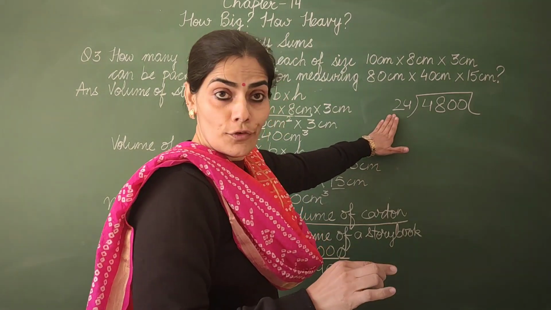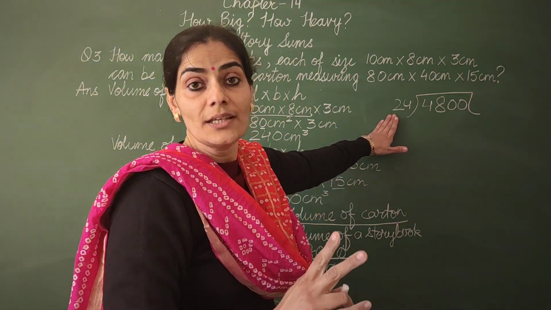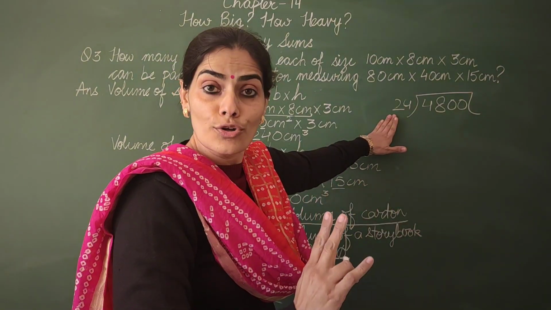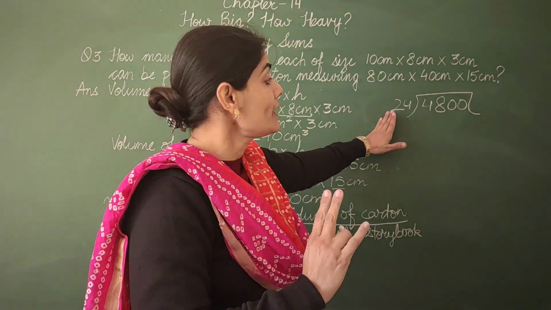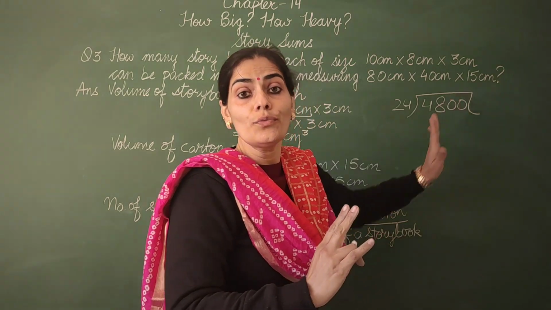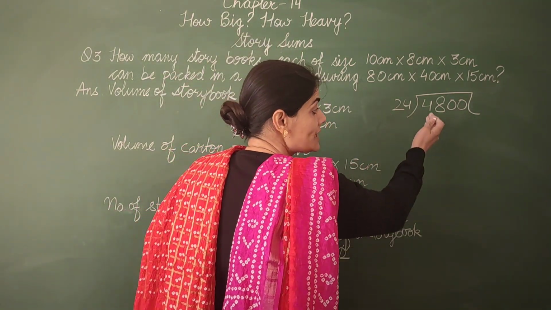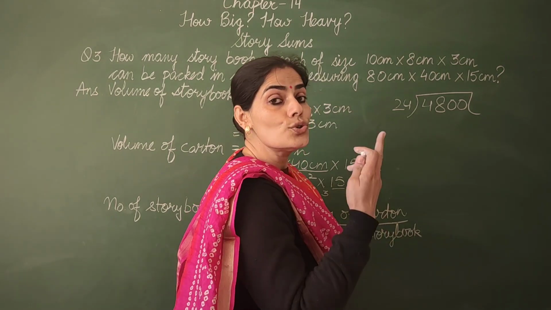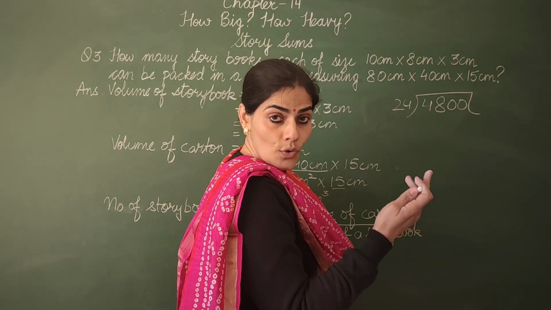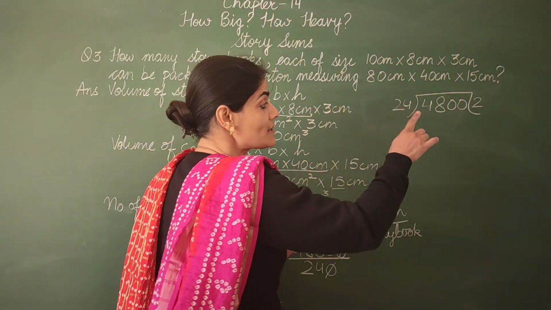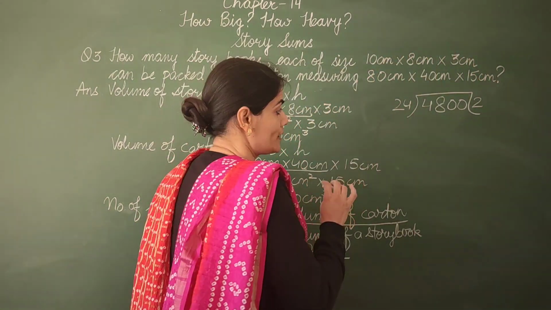Now this 24 lies between 20 and 30, but it is closer to 20. So I write the estimated value with the help of 20. How many 20s can fit in 48? 2 20s can fit in 48. So I write the approximate value as 2 there, the estimated value.